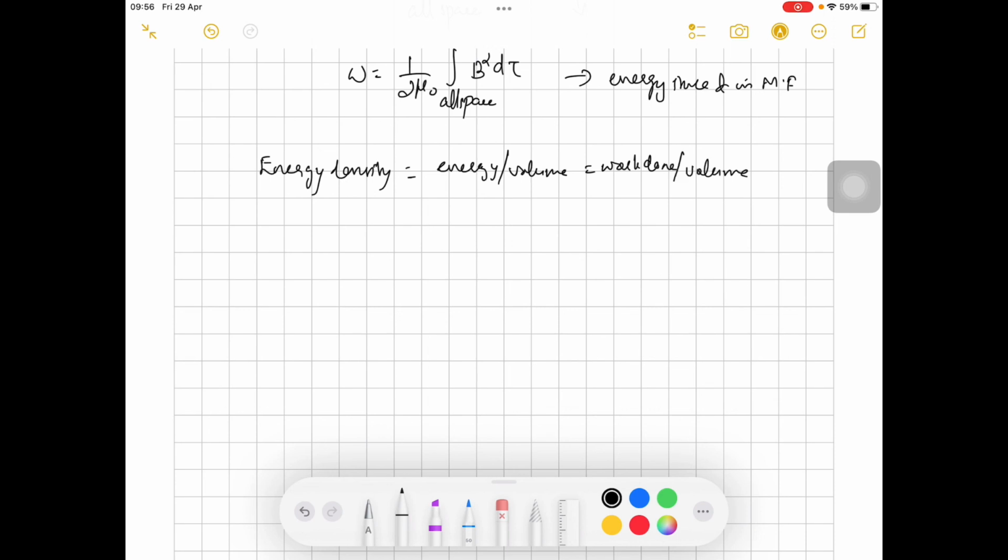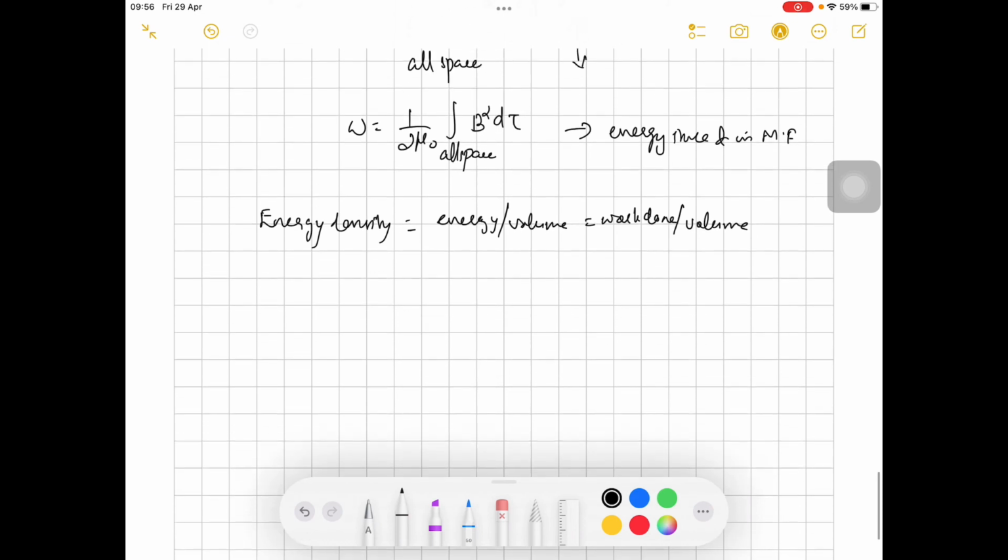So energy density will be equal to B square by 2 mu 0, because the integral over whole space of d tau is nothing but the volume. So W by volume leaves only the term B square by 2 mu 0.